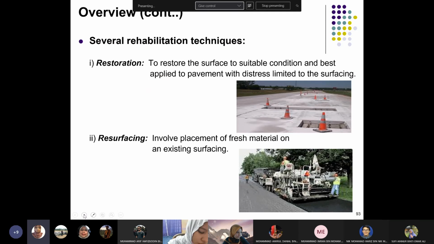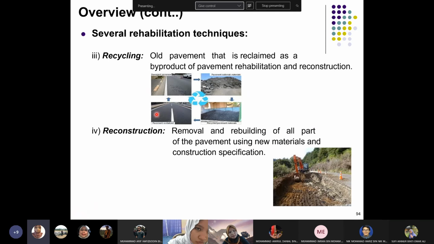Restore, resurface, and then we have recycling. Recycling is where we reuse the current asphalt layer, right? And then you add up with another new material. Okay, so old pavement that is reclaimed as a byproduct of pavement rehab and reconstruction. Okay, so daripada rehab dengan reconstruct tadi tu kita guna balik.